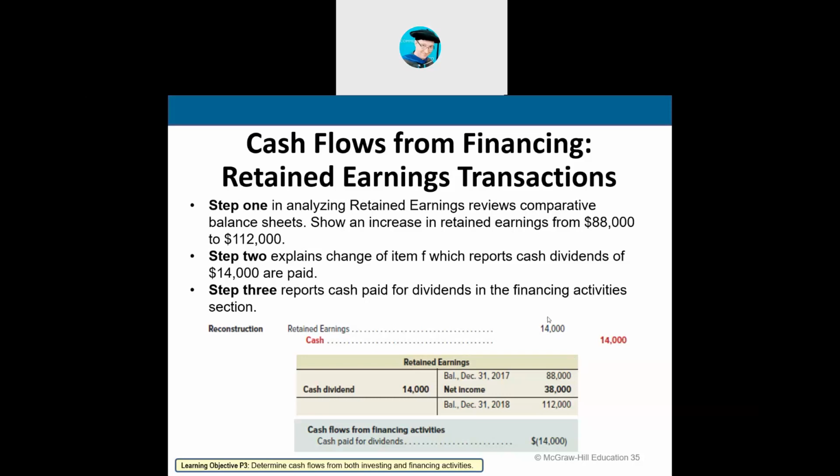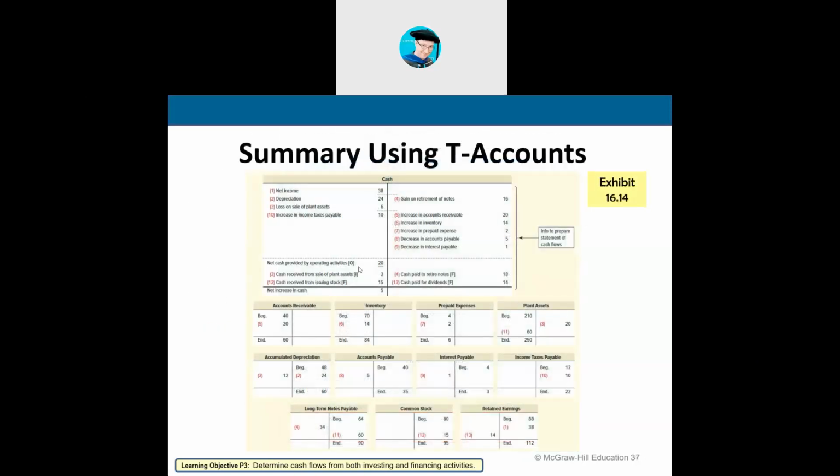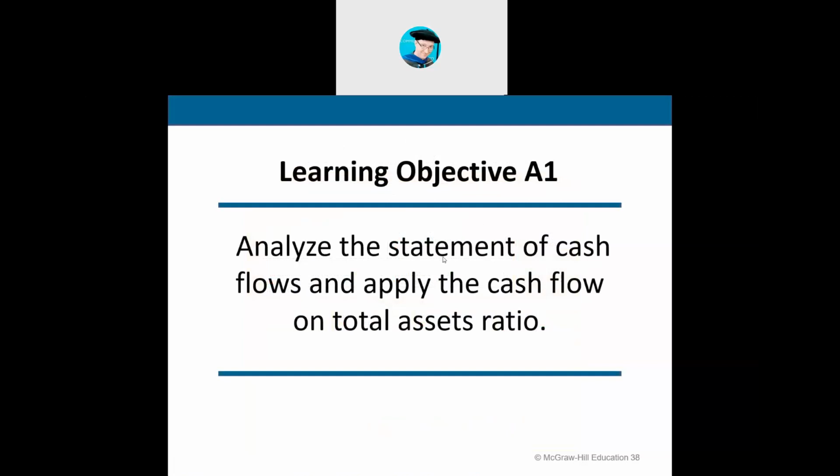And the retained earnings is ultimately part of financing. Using summary T accounts, we're looking at the ending balances, and we're looking at the effects of those balances on our cash. So in other words, you're just looking at the cash account, looking at cash coming in minus the cash going out for the related activities, and categorizing them based off of what they're used for.